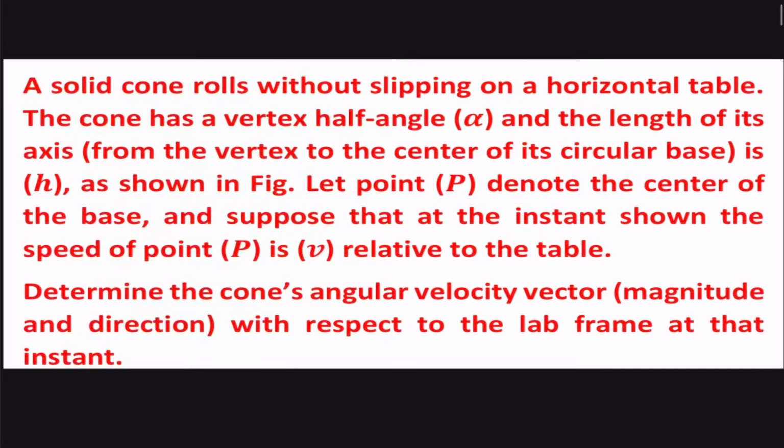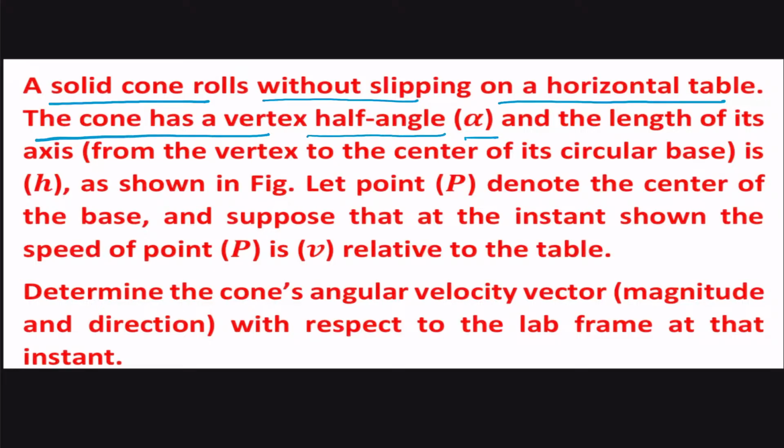So in the first question, it states that a solid cone rolls without slipping on a horizontal table. The cone has a vertex half angle alpha, and the length of its axis from the vertex to the center of the circular base is h, as shown in the figure.